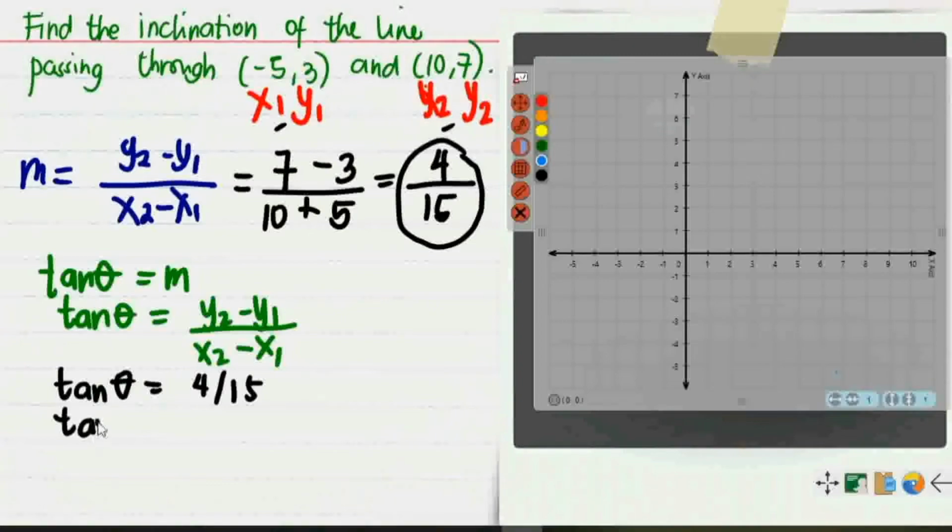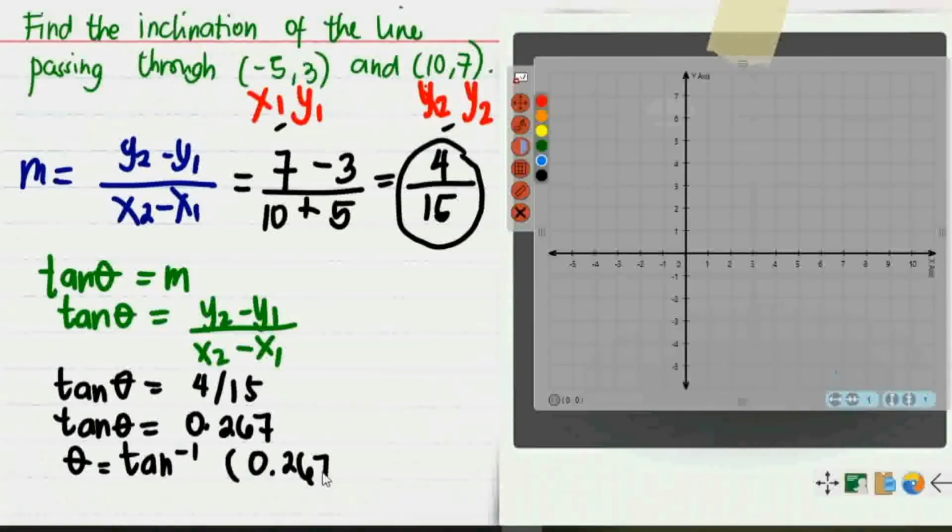Or, tan theta is equal to 0.267. So, to find the angle, shift lang natin yung tan. So, 0.267. Kapag sa calcu, i-shiftan natin yung 0.267. So, yung angle na makukuha natin is 14.93 degrees.